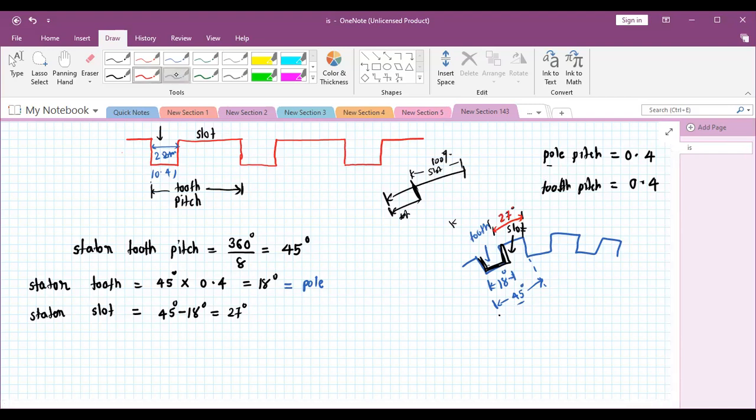The same way we can do for a rotor. It has 6 poles, so this is 60 degrees. And it also looks like this.